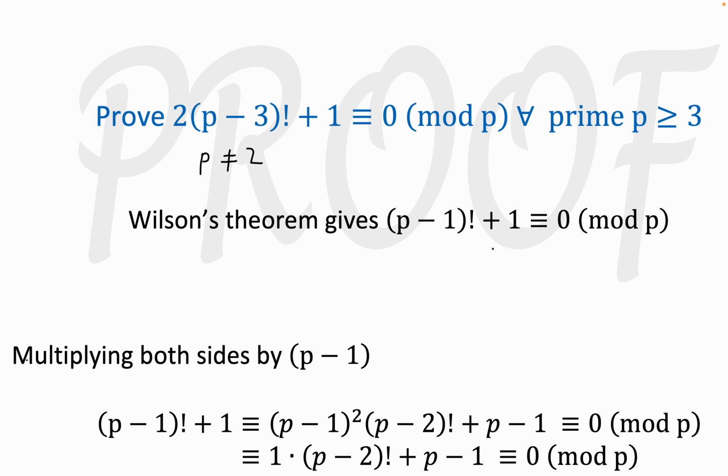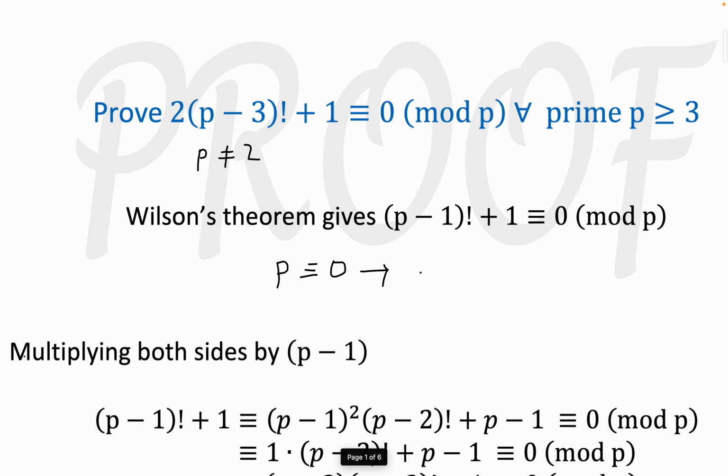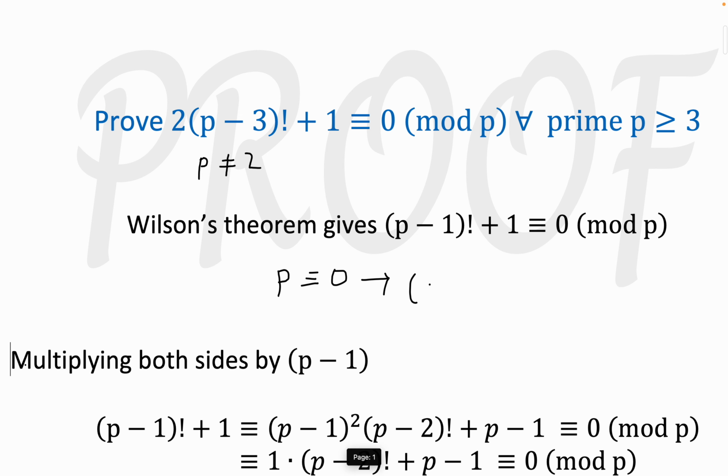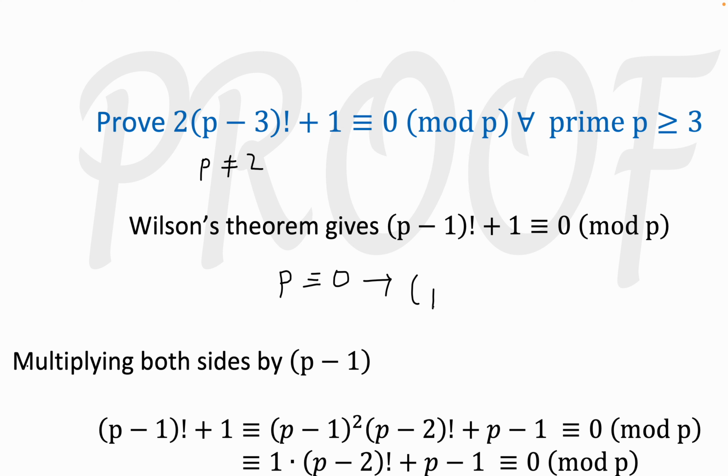Now also another result that's quite useful right here, owing to the fact that, and this is, I guess you would call it trivial, some people hate saying that, but p congruent to 0 certainly implies that (p - 1) quantity squared is congruent to 1.